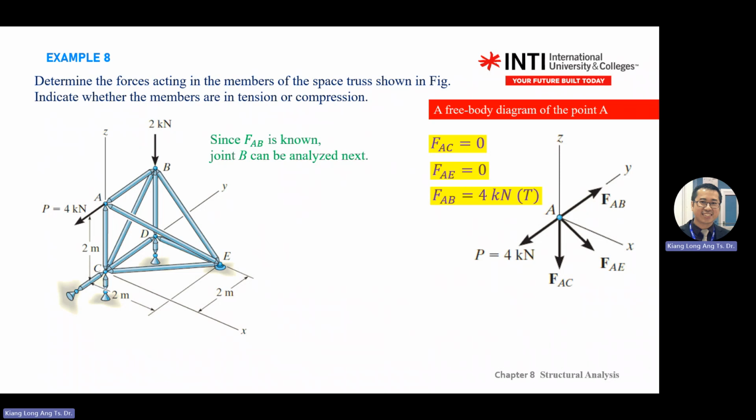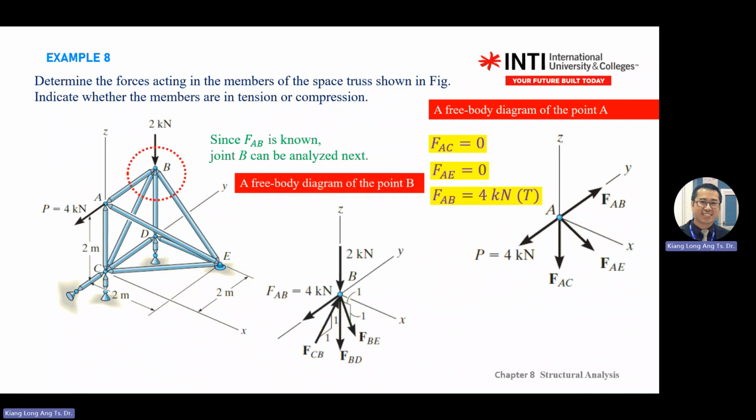It is opposite. This is member AB, so at point B you draw it opposite to point A. At point B, you should be able to draw something like this. FAB is opposite because you defined the 4 kilonewton.